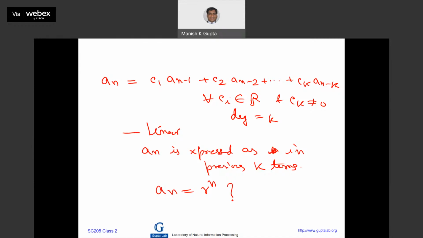Okay. Now, basically, I can substitute an is equal to r raised to power n in this expression and solve for r, right? Just like that, we substituted e raised to power mx in the differential equation case. Here I am substituting this in the recurrence relation.